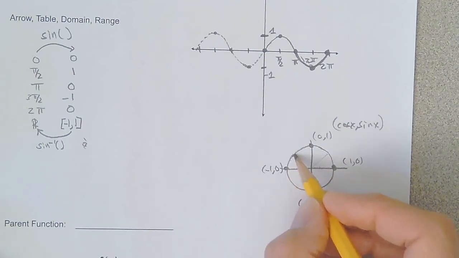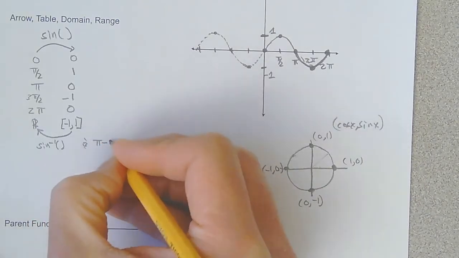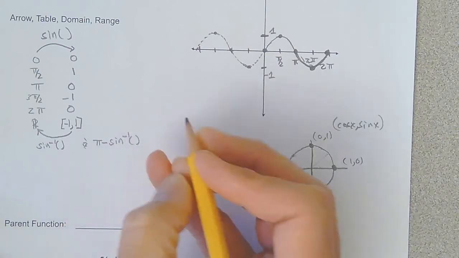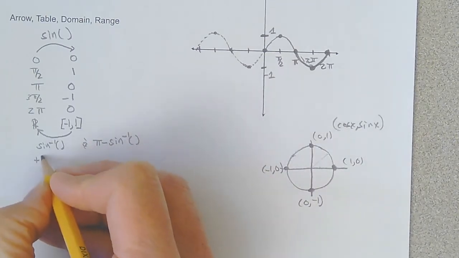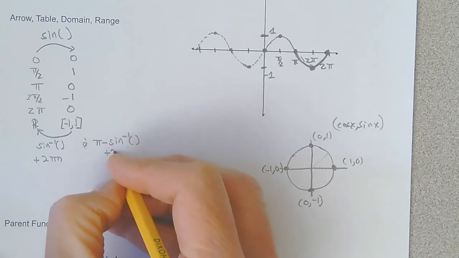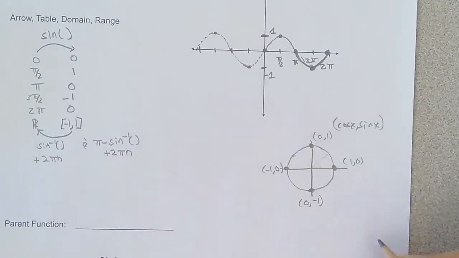And so pi minus that is also a potential solution. So we'll put that in as pi minus the inverse sine. And then, of course, we have all the coterminal angles, so we can add a plus 2 pi in to both of these. So it gives lots of potential solutions to this.